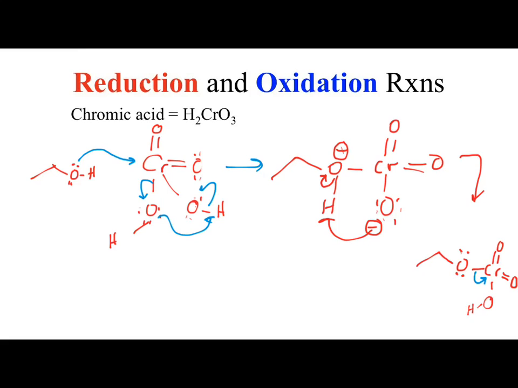It could try and take them back, or it can take them from somewhere else. While carbon's not a bad idea, if we take them from the carbon, we end up breaking our structure. We can instead take them from a nearby hydrogen. What's the result?